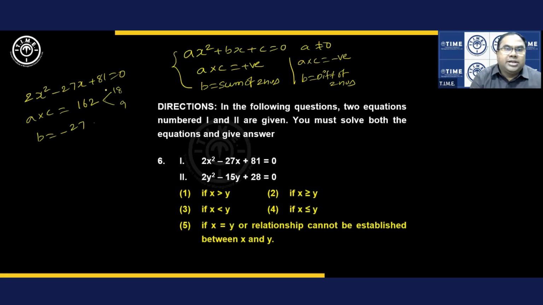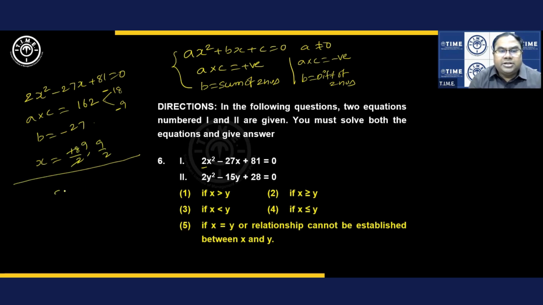I want minus 27, so it has to be minus 18 minus 9. Minus 18 plus minus 9 is minus 27. Minus 18 into minus 9 is 162. When you're writing the roots, you will change the sign and divide by coefficient of x square. So x value will be 18 by 2, comma 9 by 2. So it is 9, comma 9 by 2.